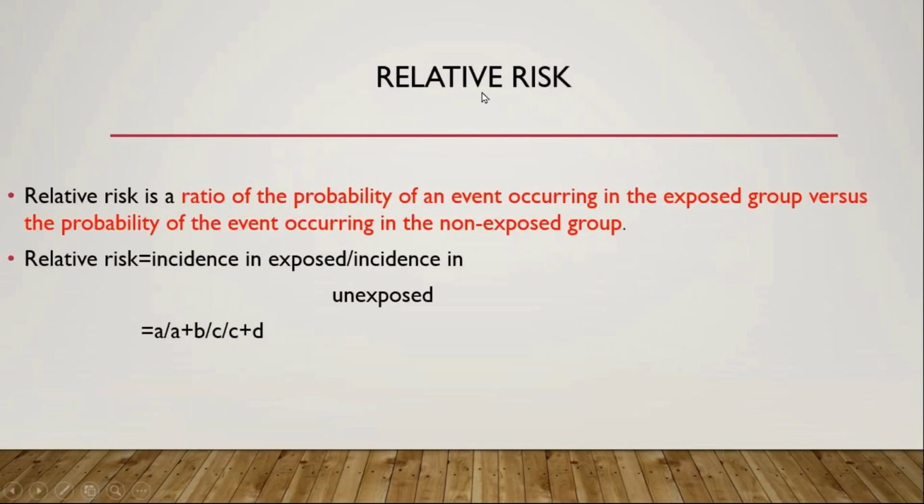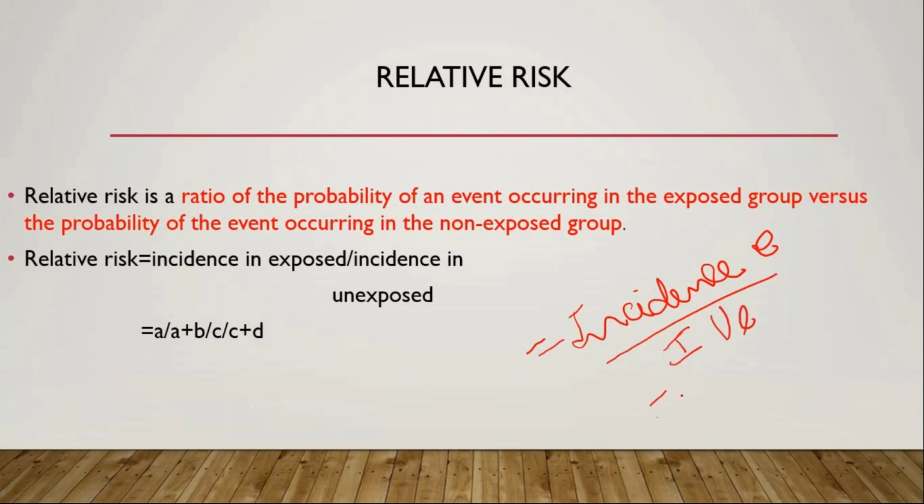Now the next is relative risk. So what is relative risk? Relative risk is a ratio of the probability of an event occurring in the exposed group versus the probability of the event occurring in the non-exposed group. So relative risk is incidence in exposed upon incidence in unexposed. Make a 2 by 2 table again.